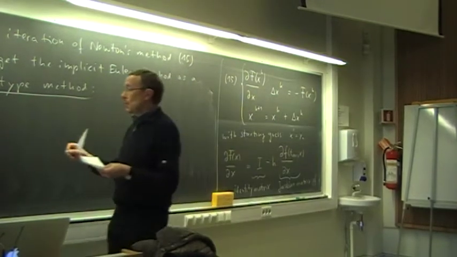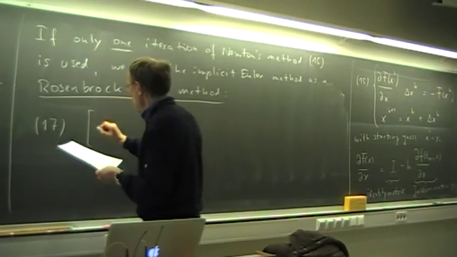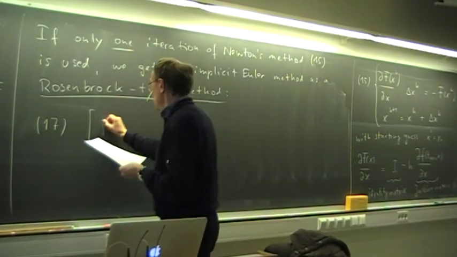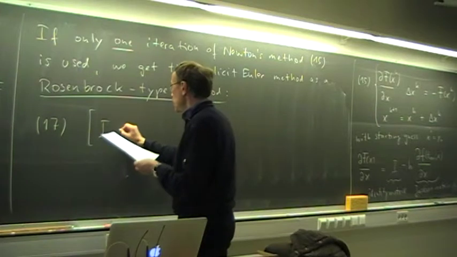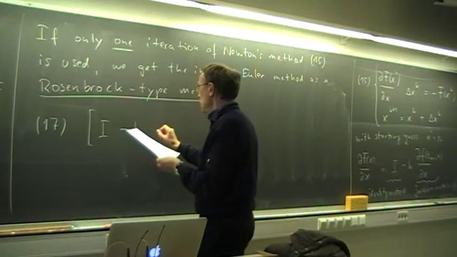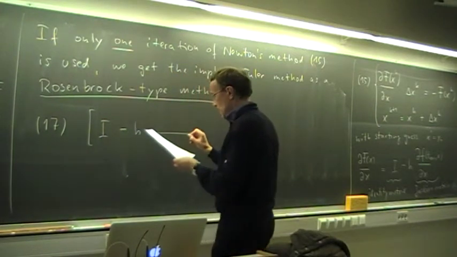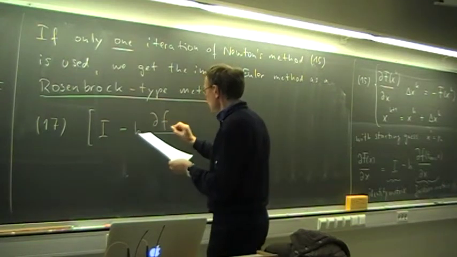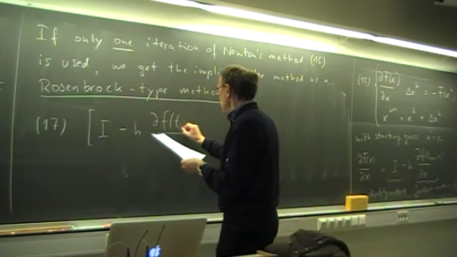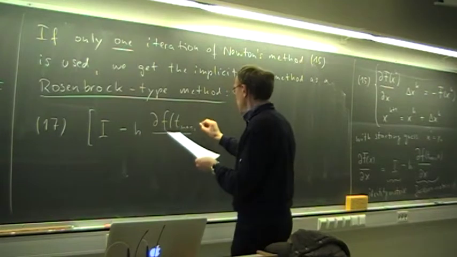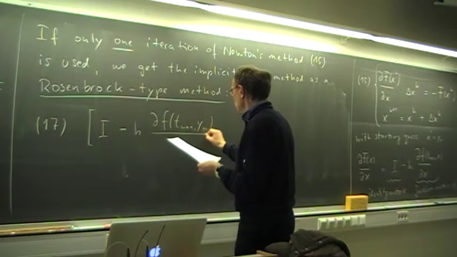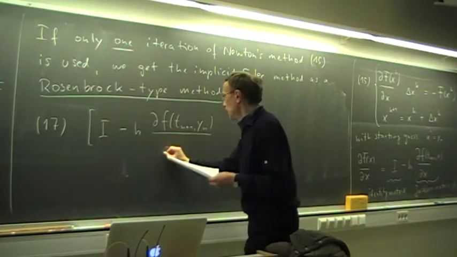So then the df of x, we write it now directly, would be the identity matrix minus h, the time step, times the Jacobian matrix of f at the new time level. Now we write them at yn, so we use just that directly dy.